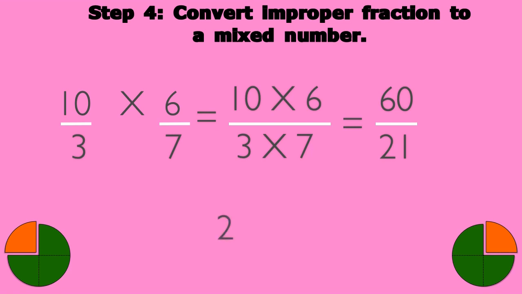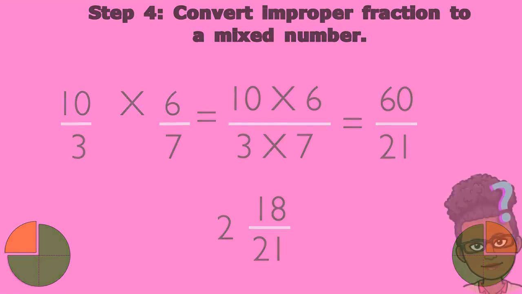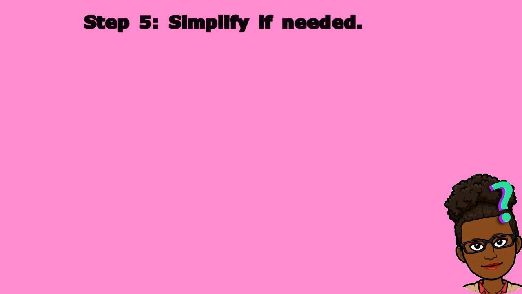That's correct. 2 groups. 21 times 2 gives me 42. Excellent job. How much is left over? 18. 42 from 60 leaves me with 18. And so what now is my denominator? 21. That's correct. My denominator stays the same. Excellent job, guys. Now, my last step says to simplify if needed.